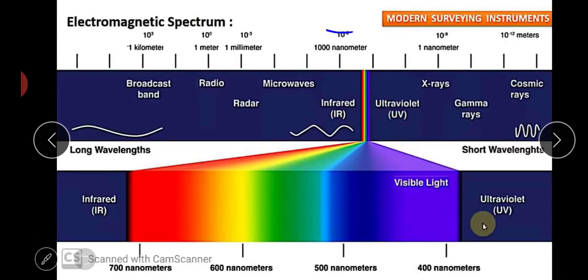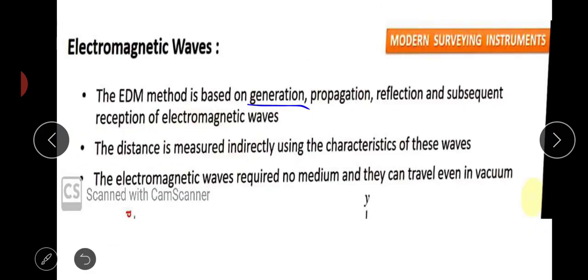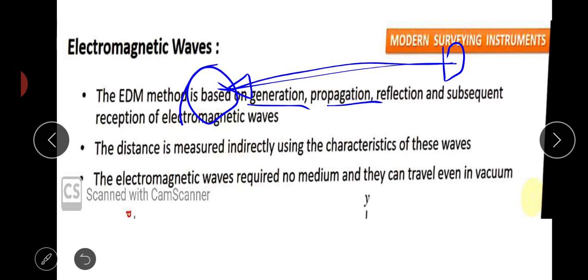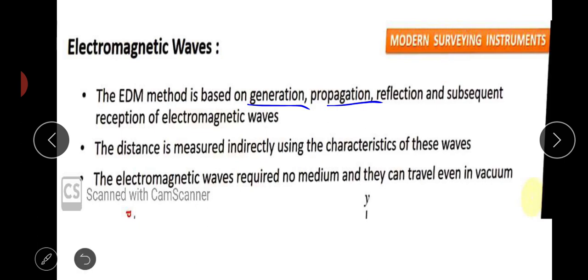The waves generated from a particular device propagate over a certain distance, and when they strike a particular instrument, they reflect back, and the reception of these waves by the measuring equipment is done by the EDM device.